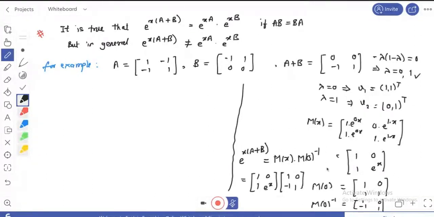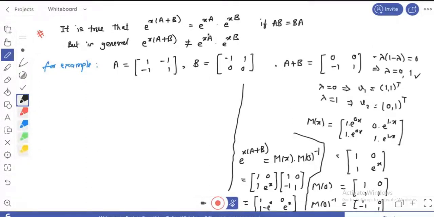Okay, if you multiply those two matrices, that equals 1 0, e to the power x, 1 minus e to the power x, and this is e to the power x. So this is your exponential of that. Okay, so the left hand side you can calculate this way.